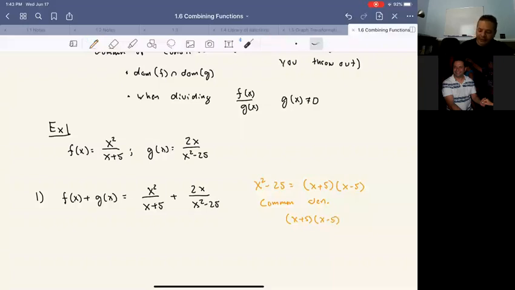On g of x, we already have the common denominator, so we don't have to do anything there. But on f of x, we're missing the x minus 5 term, so we will multiply the numerator and denominator of f of x by x minus 5.